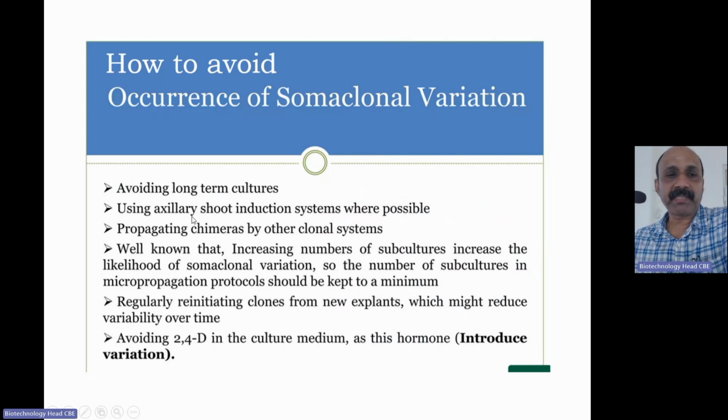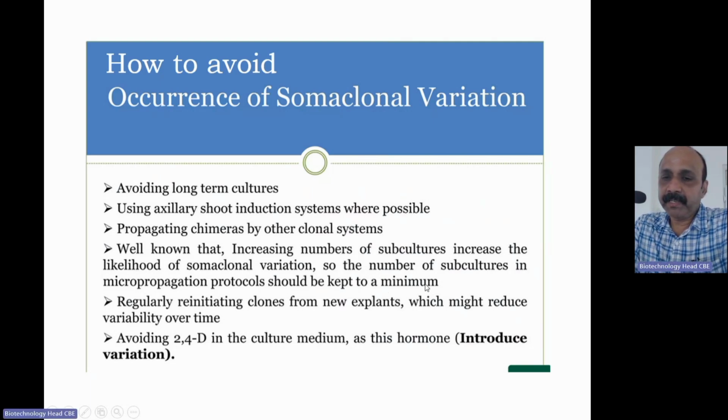So use axillary shoot induction systems where possible, instead of going for repeated meristem cultures. Increasing the number of subcultures increases the likelihood of somaclonal variation, so the number of subcultures in the micropropagation protocol should be kept to a minimum.